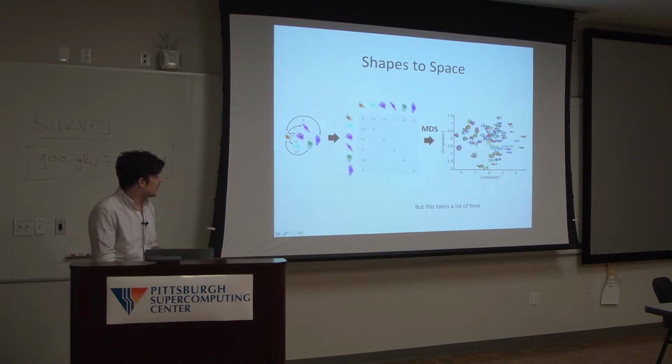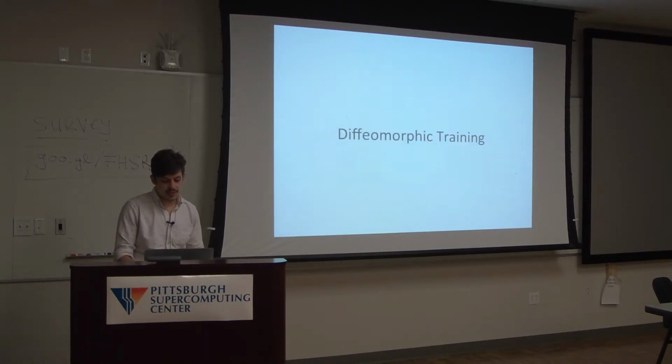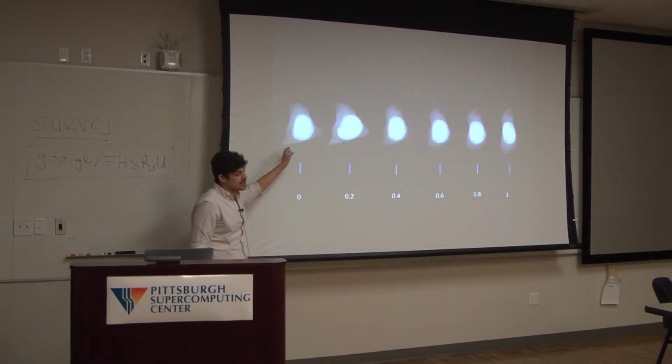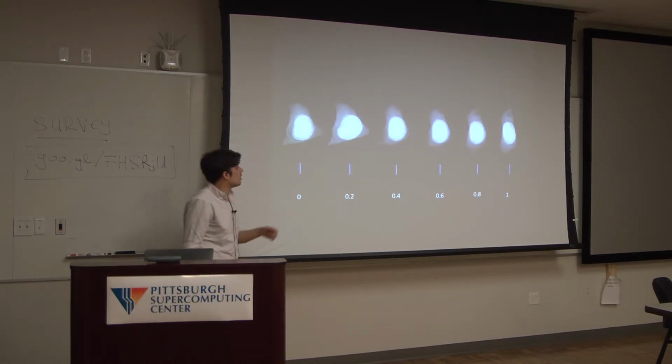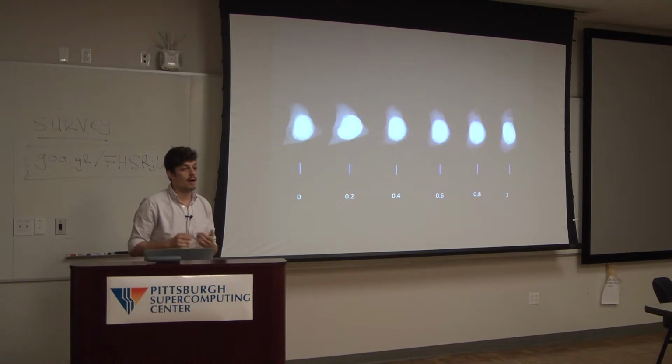But this is a somewhat expensive computational task. And measuring the distances between two shapes, especially if they're high-resolution images, which these are, may take a long time. So it could be from a couple of minutes to a couple of hours.